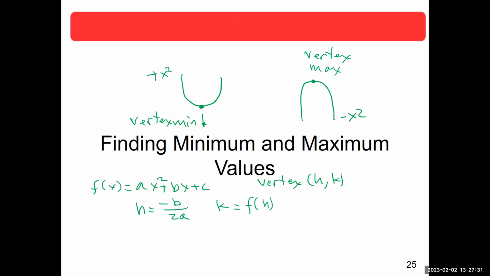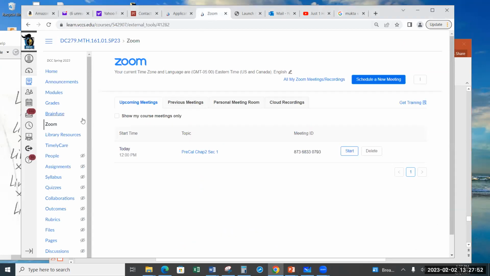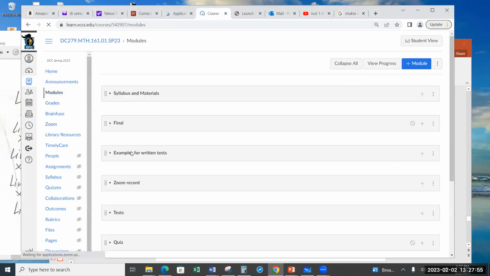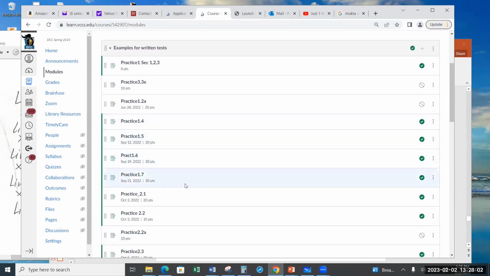All right, so this is the end of section 1. Let's see if we can look at some exercises for you to practice. Module example 2.1.